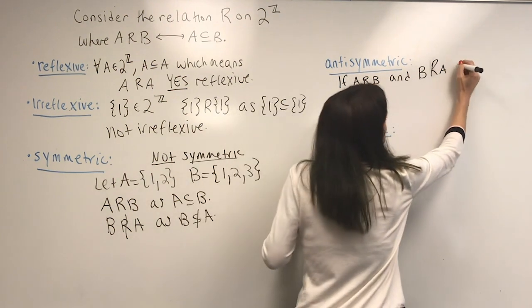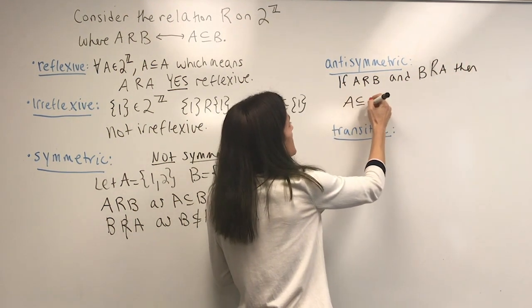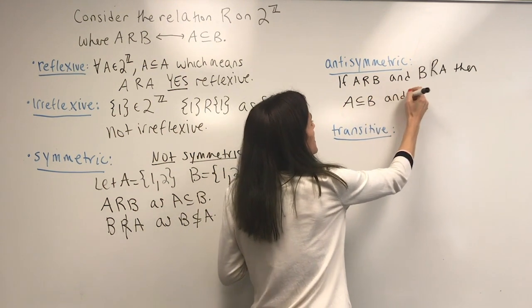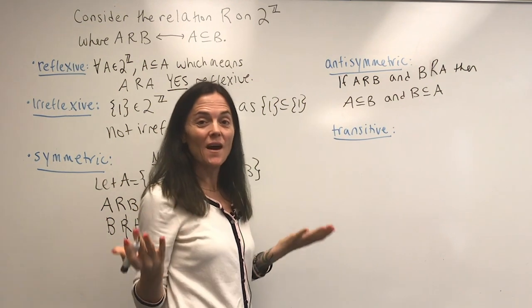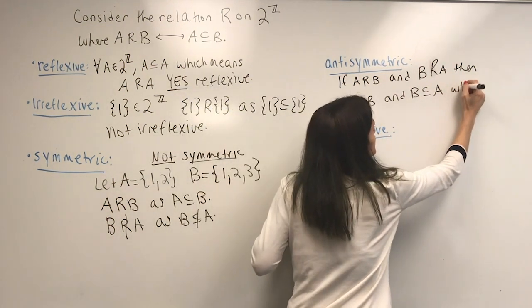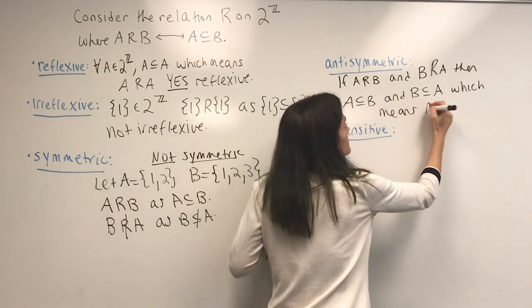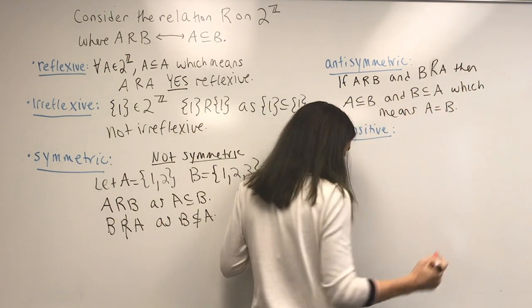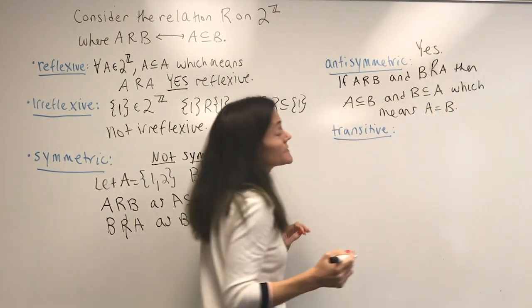So let's translate that for this relation. Then we have A is a subset of B and B is a subset of A. And this is equality of two sets by definition. So the answer here, which we've just argued, is yes, it's antisymmetric.